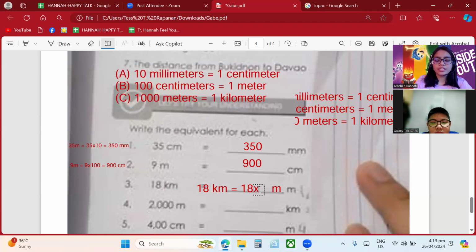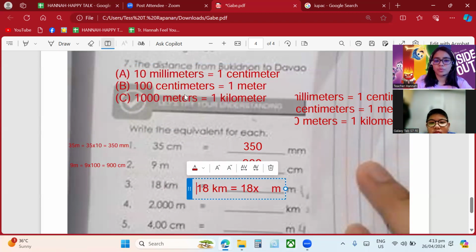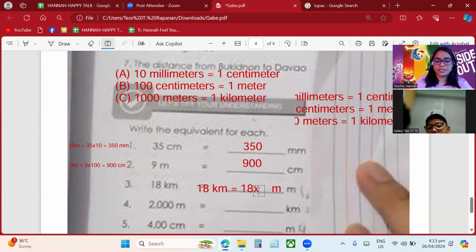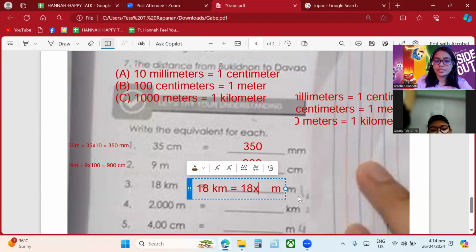Here, 18 times what? Because we need meters. 1,000.